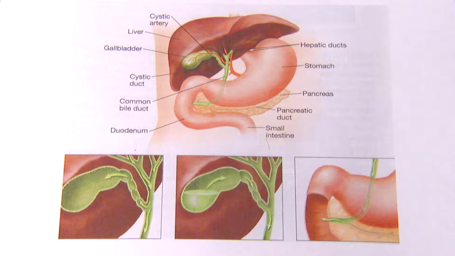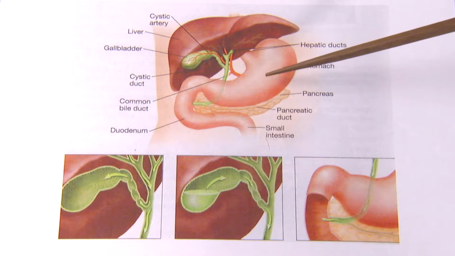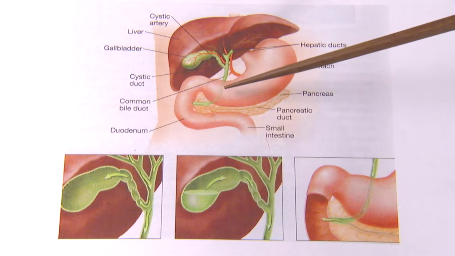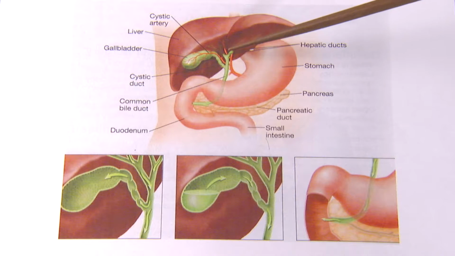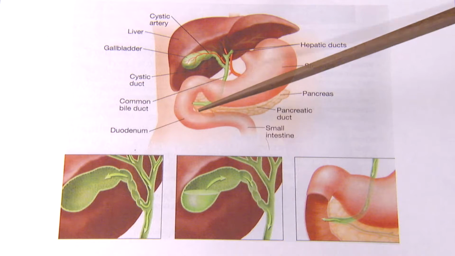This is a description of the anatomy for gallbladder disease. This is the liver, this is the gallbladder, this is the stomach, this is your pancreas, this is your bile ducts. Normally your liver makes bile. Bile helps digest foods, especially fatty, greasy foods. The bile that your liver makes goes down these bile ducts, enters your small intestine.